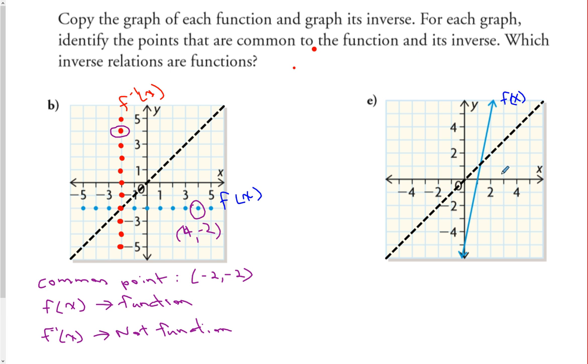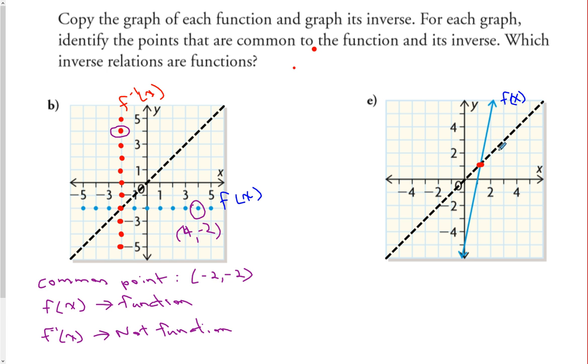There we go. Okay, so I know that this is right on the line, now that's not right on the grid, right? It looks like it's close to a grid point. It's not directly on a grid point though. So that one's kind of a little difficult to know what the coordinates are. Looks like maybe 1.2 and 1.2 are the coordinates, something like that. But that's going to be a common point.